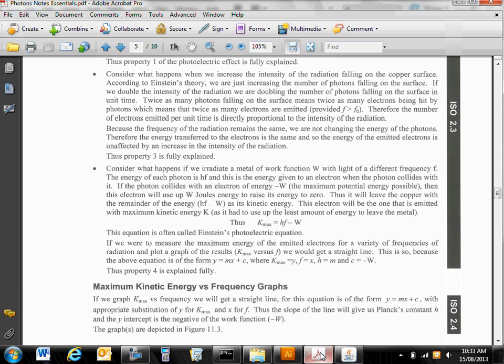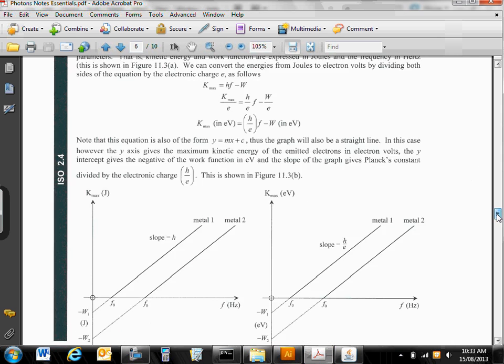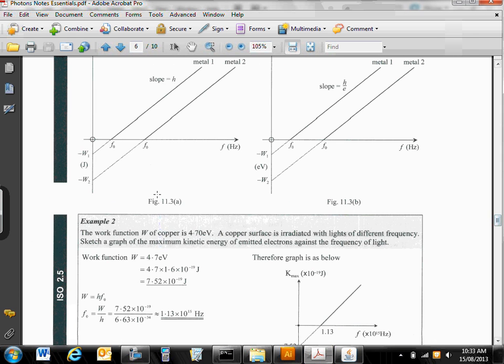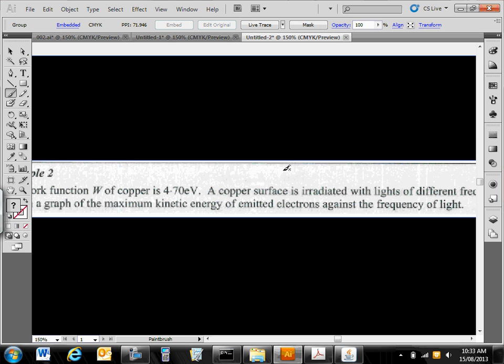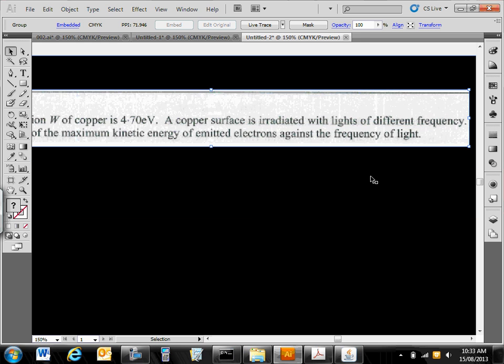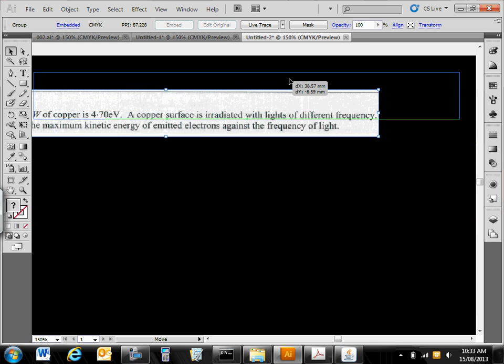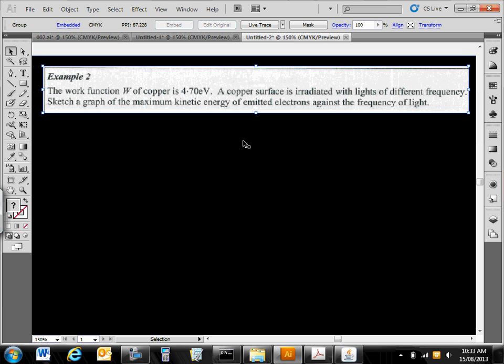Still a problem. The work function W of copper is 4.7 eV.